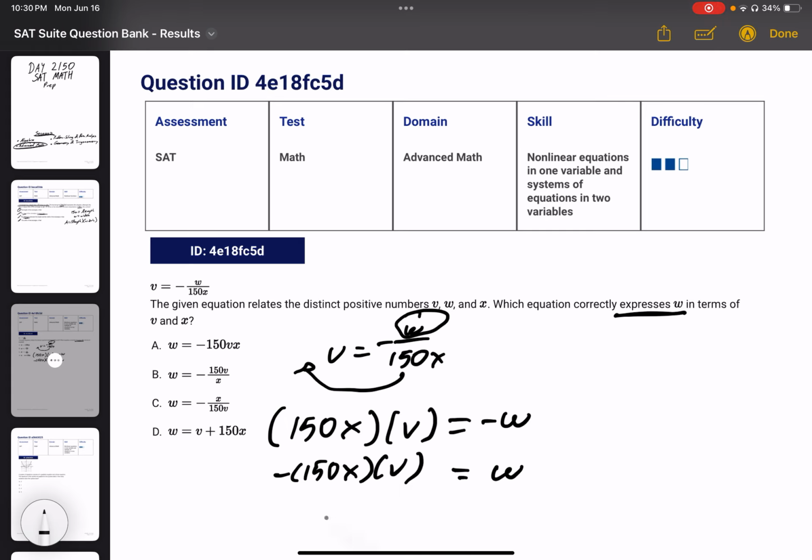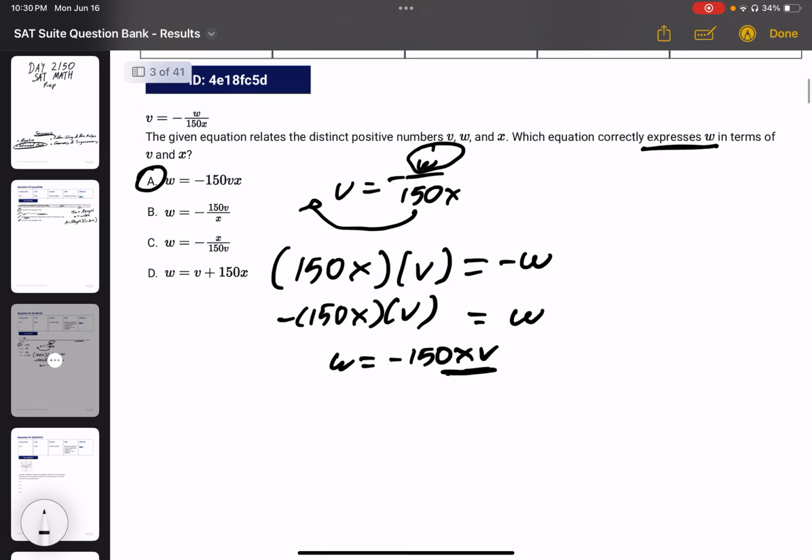And then let's just make this look a little cleaner. And then looking at our answer choices, we have A, w equals negative 150 vx, and that's the same as our answer. We just had it in a different order, but same thing. Another quick and easy problem.